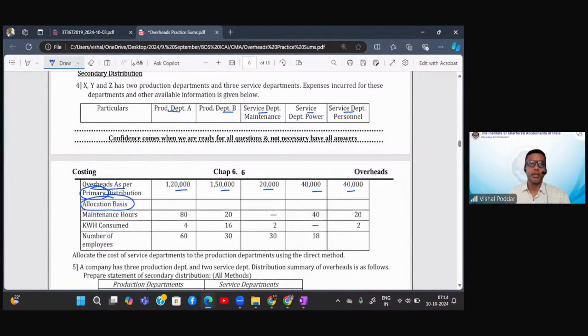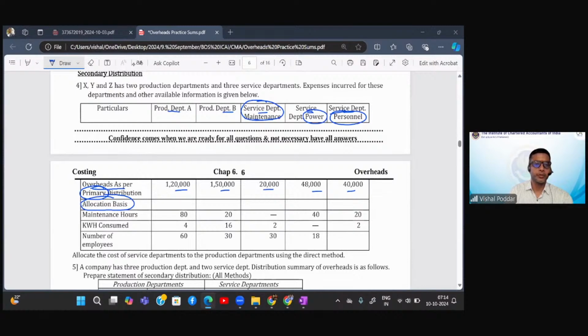Now, what is important is we need to understand what it says. So, service department 1 is your maintenance. Service department 2 is power. Service department 3 is personnel. Personnel means HR. Now, what is important in this sum is they have not given straightforward percentages. In fact, they have also not mentioned which department, what base would be used.